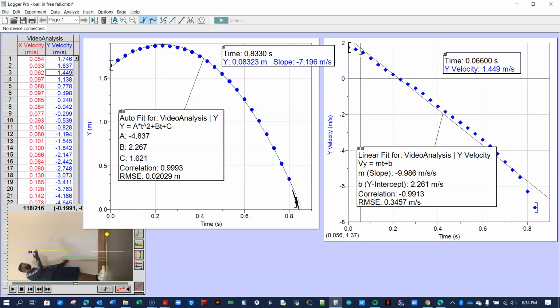If you have a non-zero acceleration, your velocity is going to look like a diagonal line, either down and to the right, like this one, a negative slope, or up and to the right, which would be a positive slope. If you have a non-zero acceleration, then your position time graph will be a parabola.